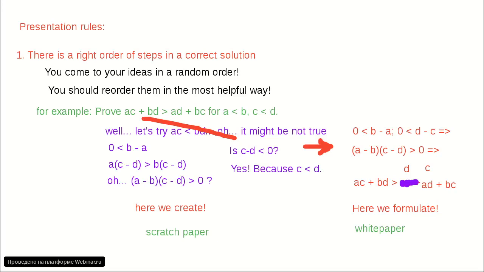So for example, when you say that for proving this inequality, we might use the previous one when these two terms are in the left hand side, and for proving this inequality we can use this one, and so on. So it's like an opposite direction.